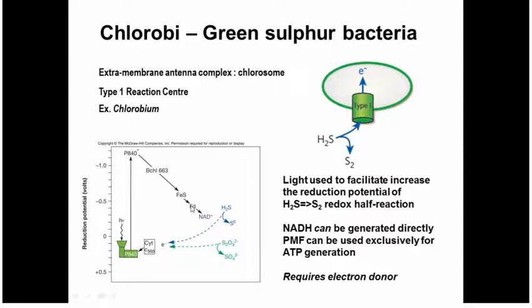And this allows bacteria to generate NADH. Great. So that's the use of photosynthesis for these bacteria. It allows them to generate NADH directly, so it's much more efficient than just ordinary sulfur oxidation. And also, this can occur in an anaerobic environment.